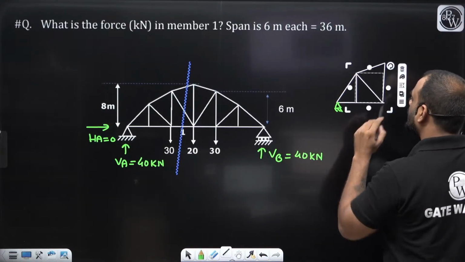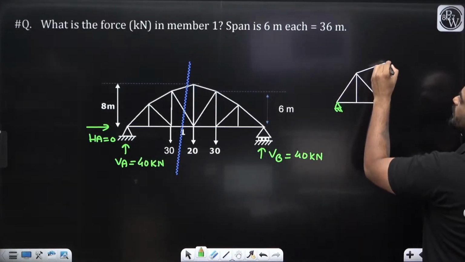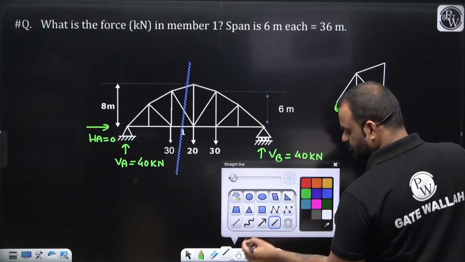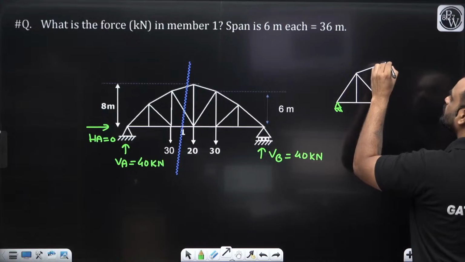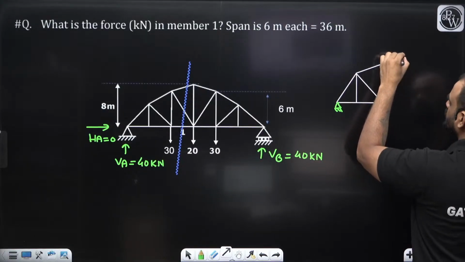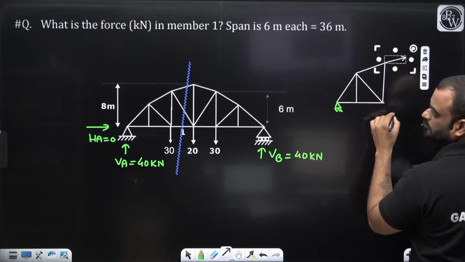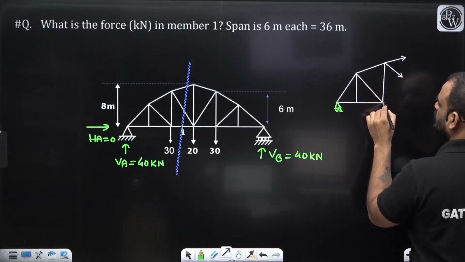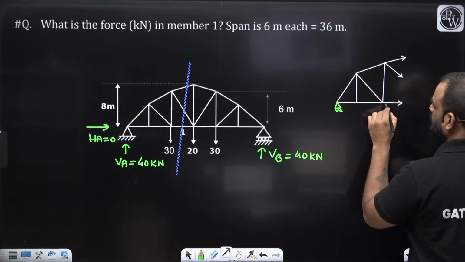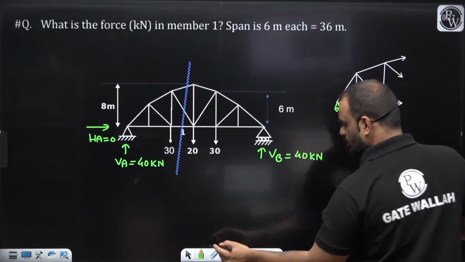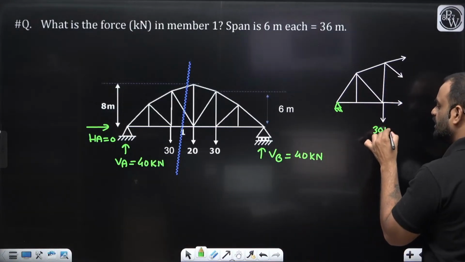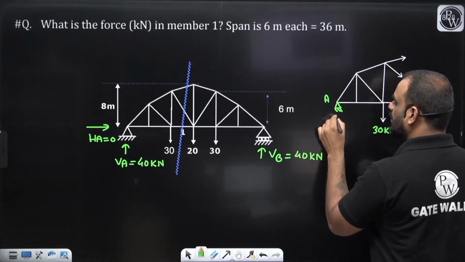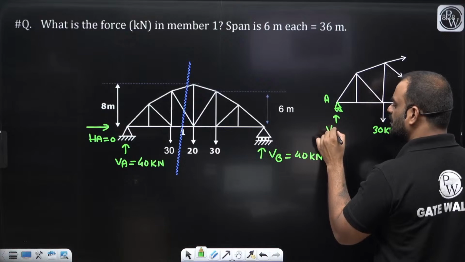Then we have an inclined member, this one. Then there is some other member also. This is basically 30 kilonewton.